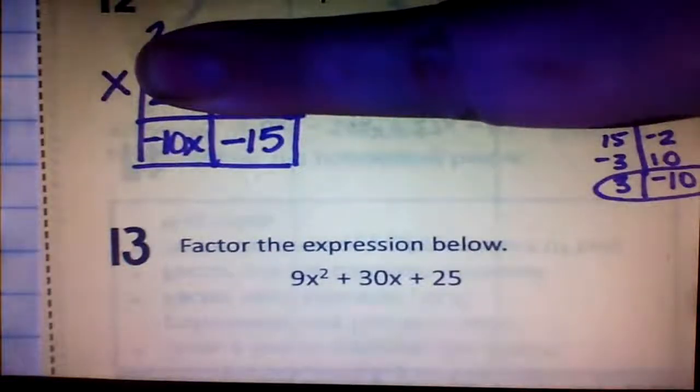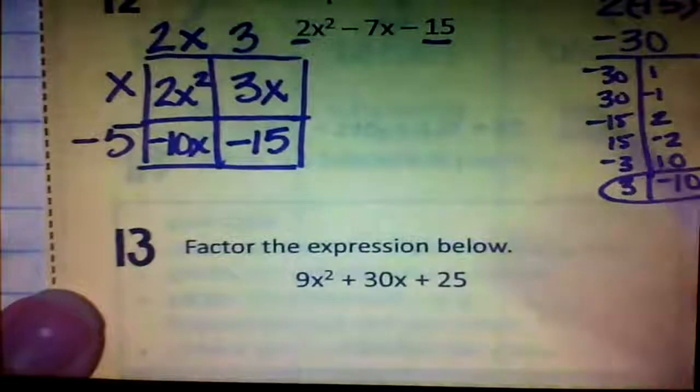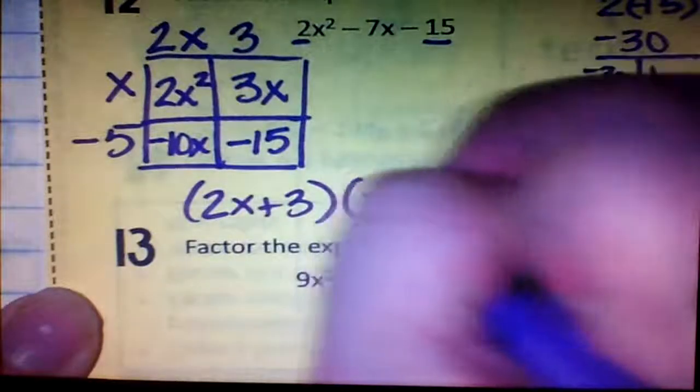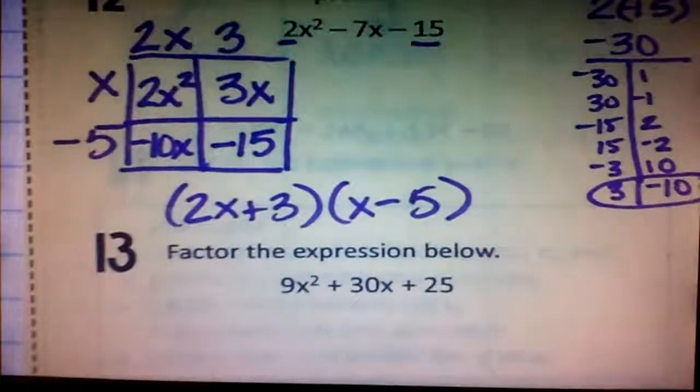Negative, not 10. 5. Negative 5. 10 and 15 are divisible by 5. 15 is not divisible by 10. So be careful with that, Tommy, okay? But you're right. The negative 5. So there's your answer. 2x plus 3 and x minus 5.